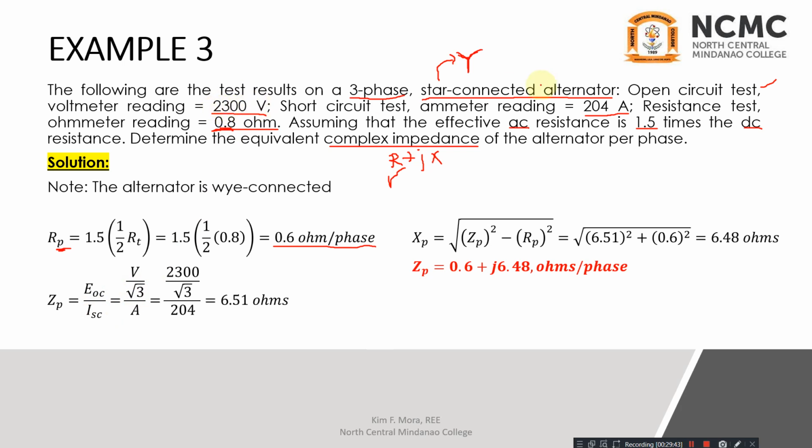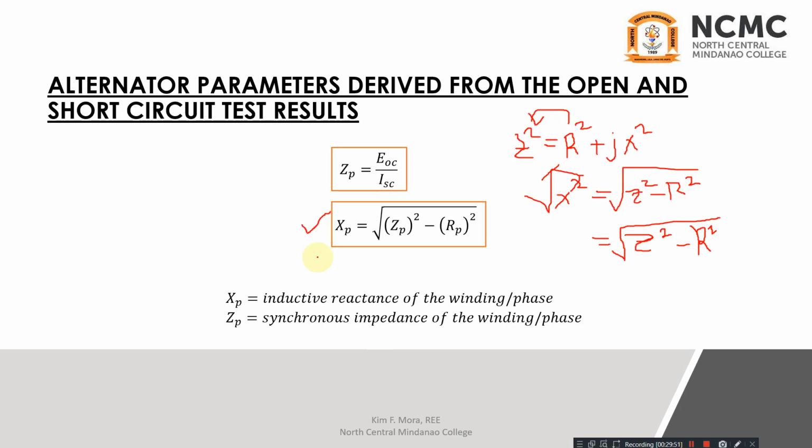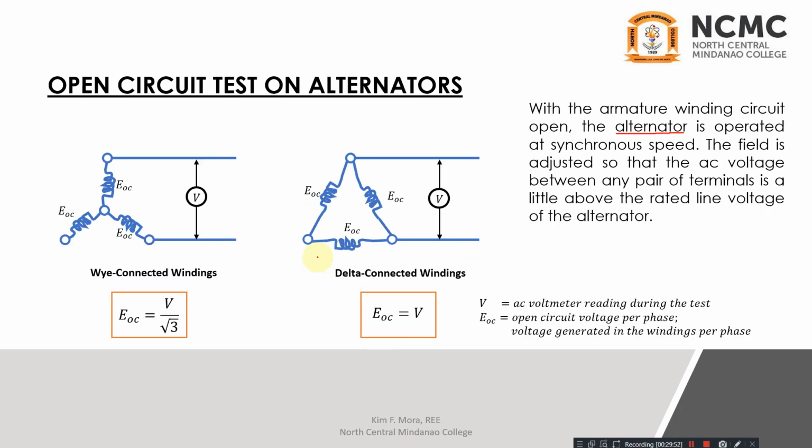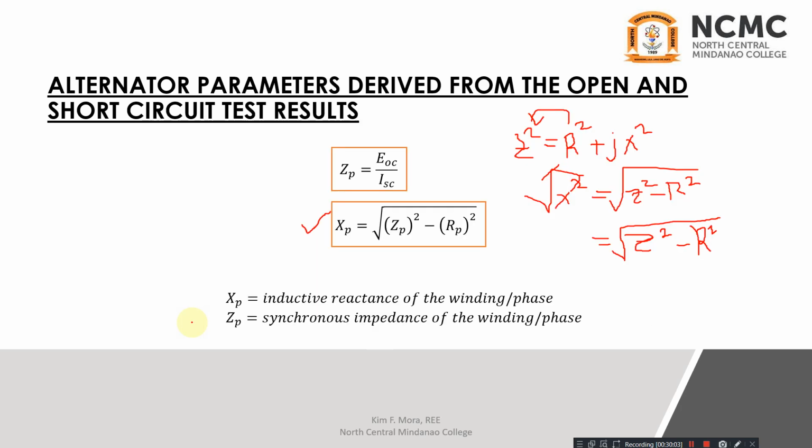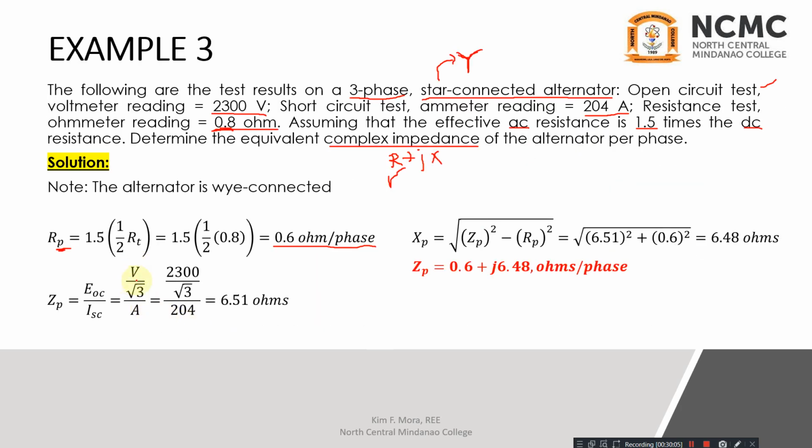So we have 2,300 volts. Since what we got is the line voltage, we divide it by square root of 3. So we have V over square root of 3, so we have 2,300 over square root of 3.